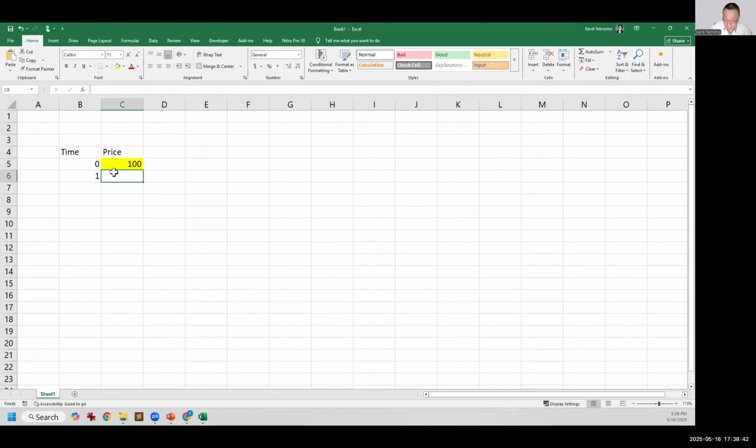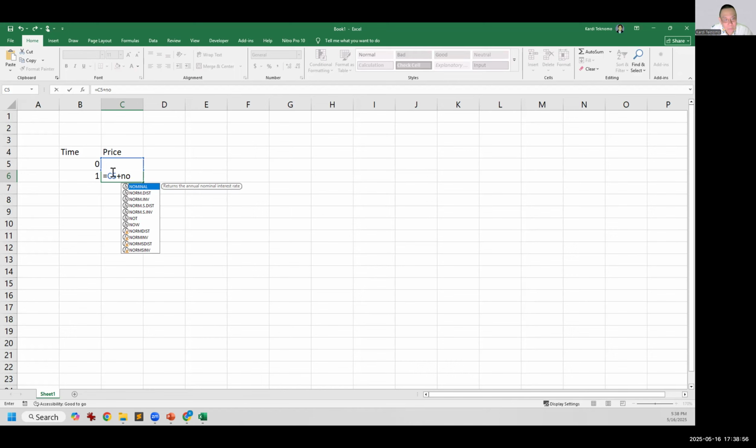How do we generate time series data? You say previous value plus normal distribution. Say we assume normal distribution, using the normal distribution inverse. The normal distribution inverse is supposed to have probability, mean, and standard deviation.